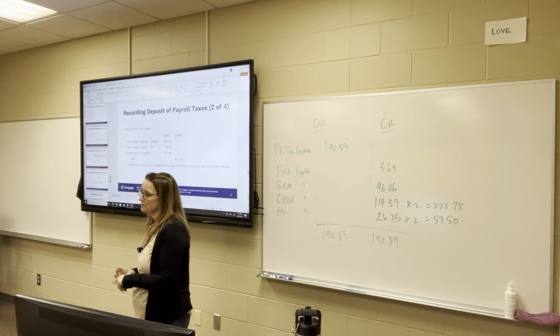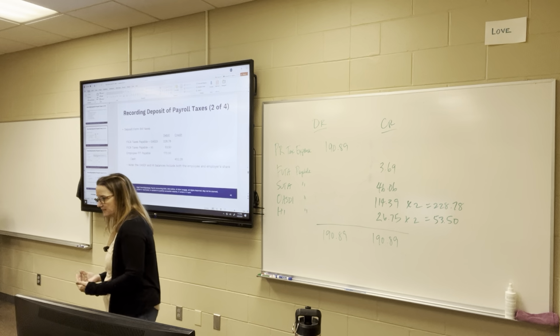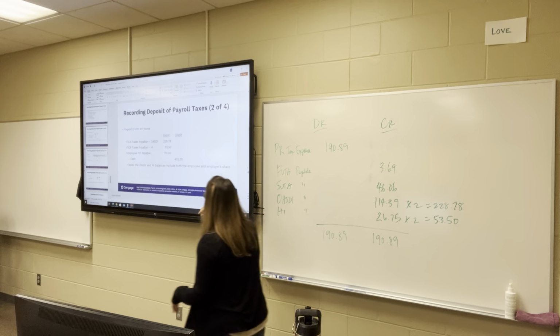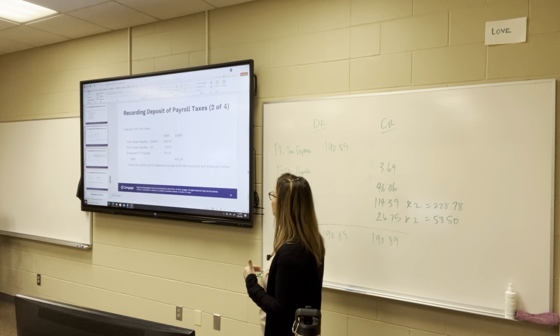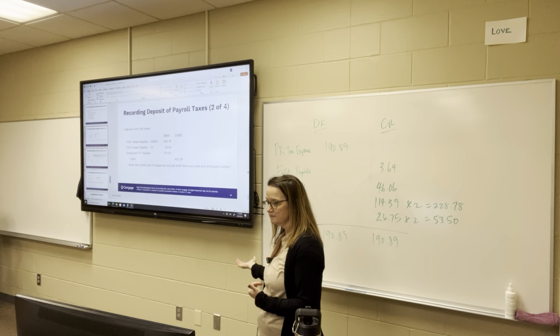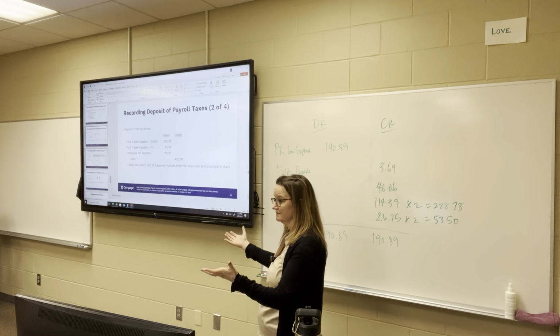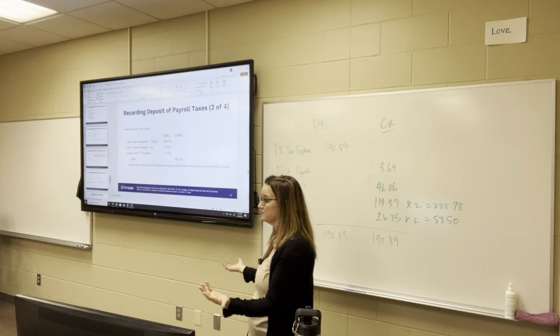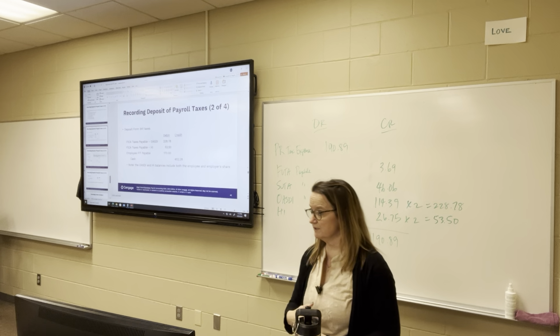So the company's share of Social Security, Medicare taxes, accruing those SUTA taxes, FUTA taxes, all of that stuff. The third journal entry then happens when we pay those liabilities. But in all of these journal entries, we've made some sort of payment, right? There's a payment associated with it. So this is when we actually pay those liabilities.